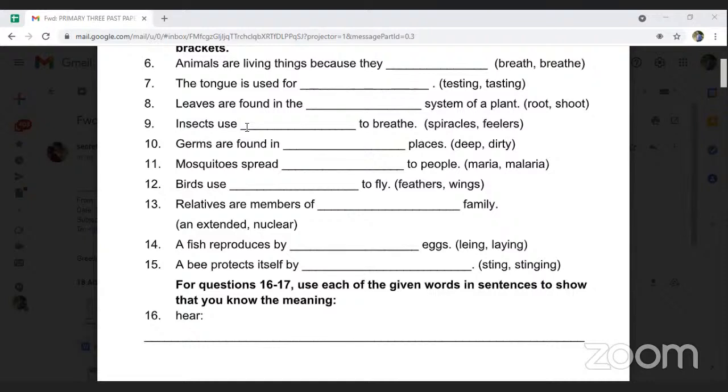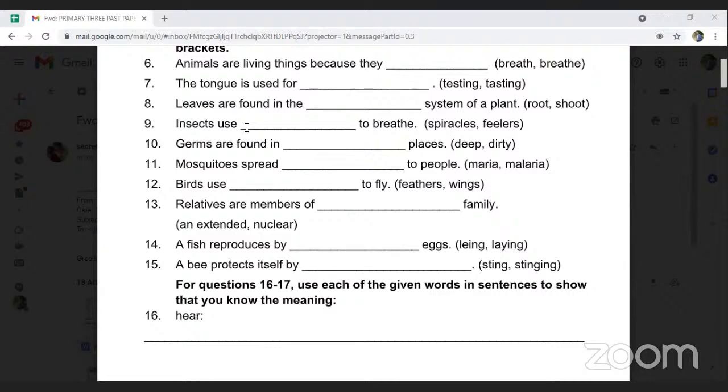Okay, let me have Chidari to read first number 7. Yes, Chidari. The tongue is used for dash.